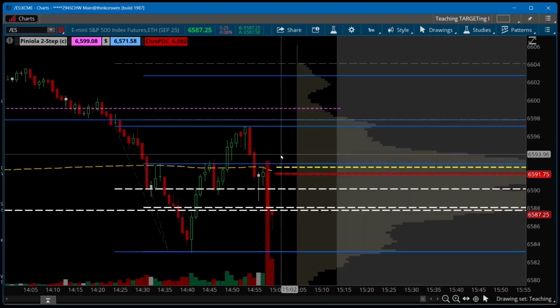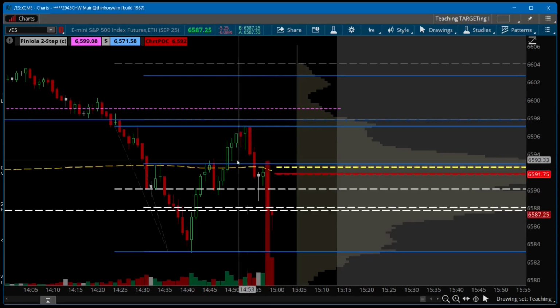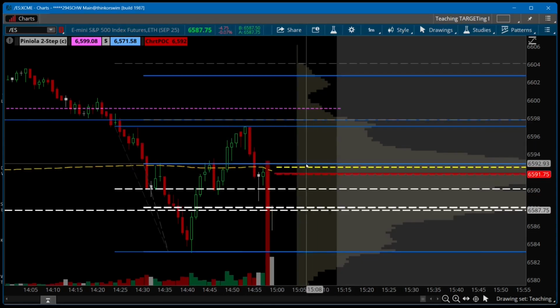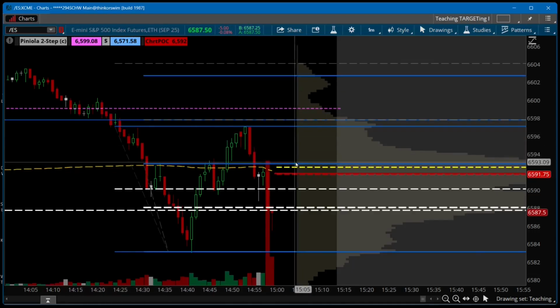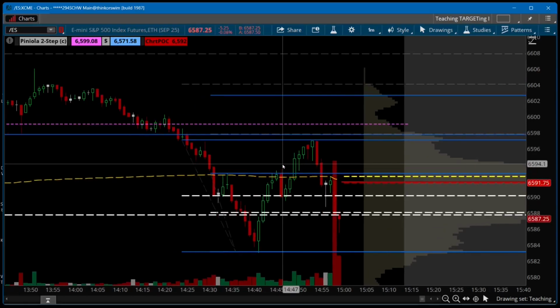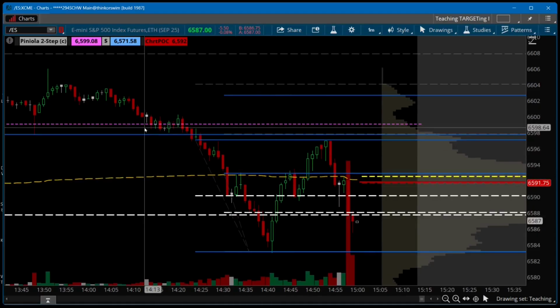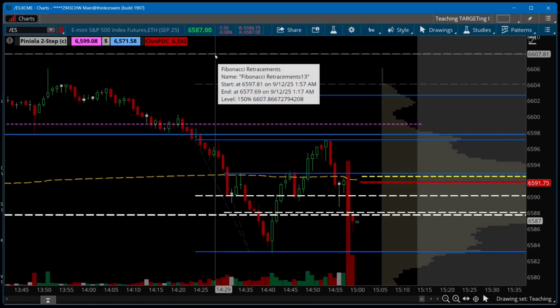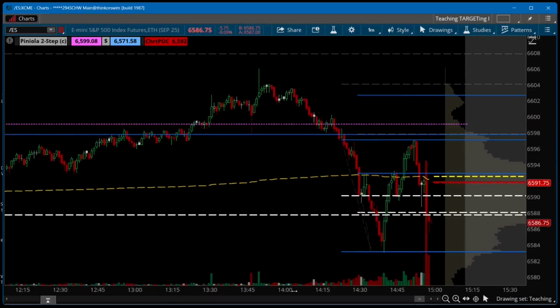Like today, these VWAPs and point of controls were basically the magnet all day long. And we had several of the moves point directly to that. Other times we had shorter term moves pointing to longer term moves, and that's why you have to keep so many lines.